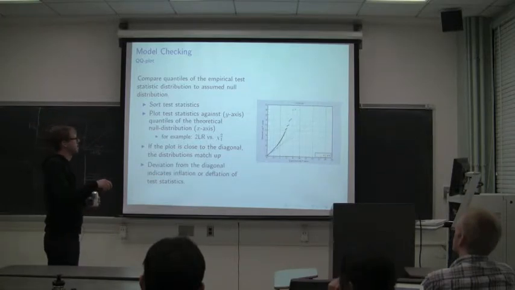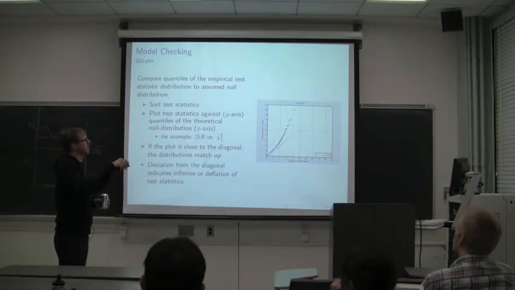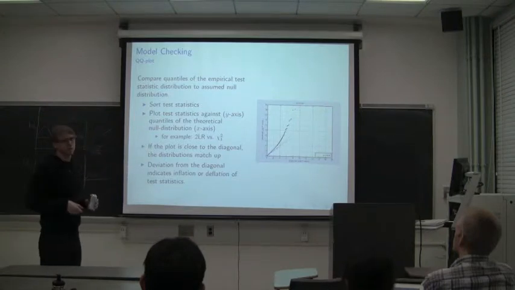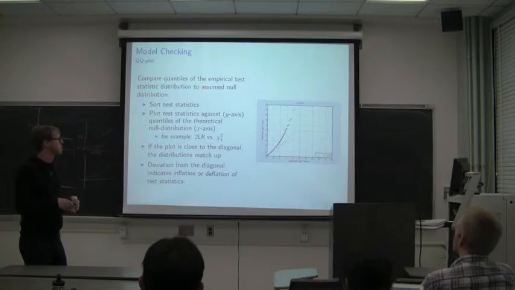And if I have something that completely doesn't match the diagonal, then I can say my null distribution doesn't hold, right? Is this clear?